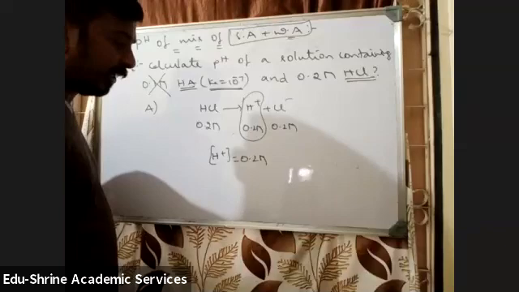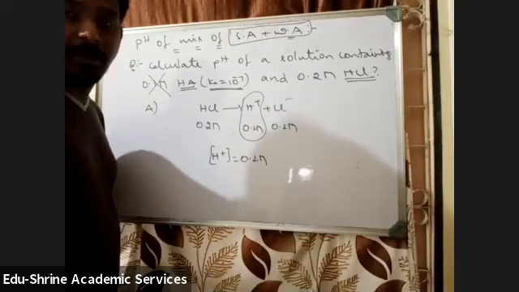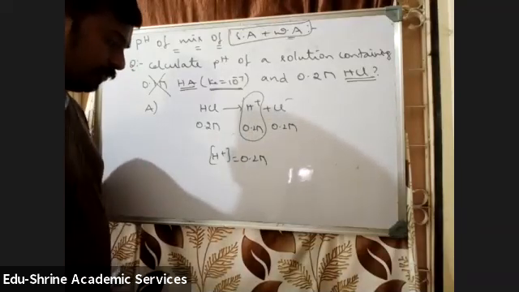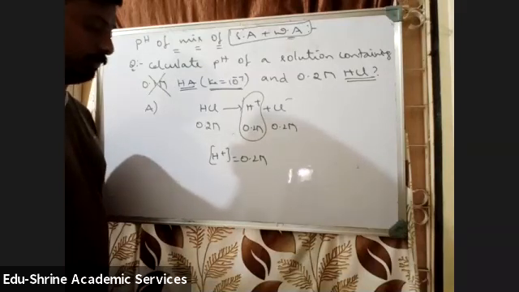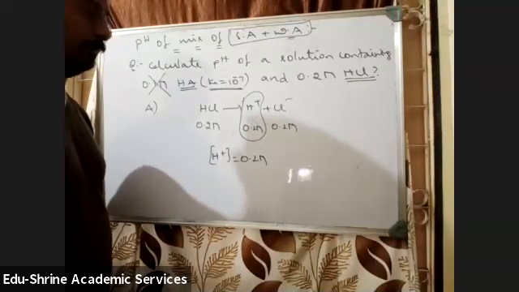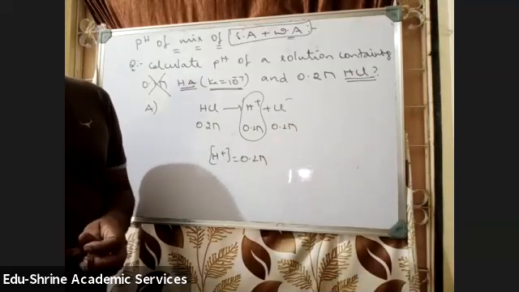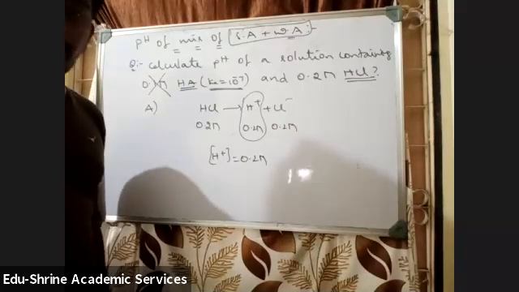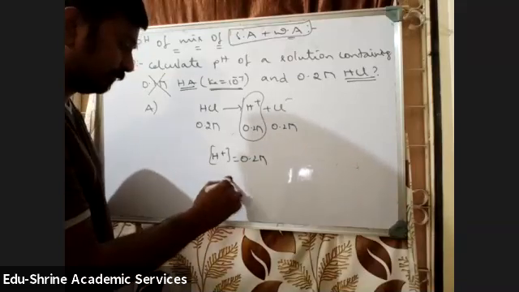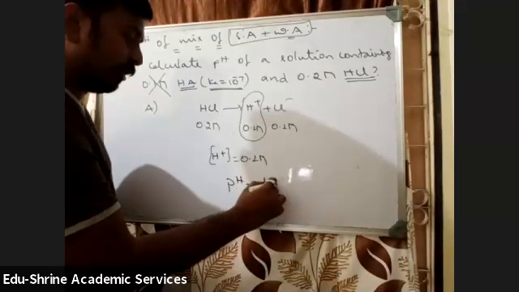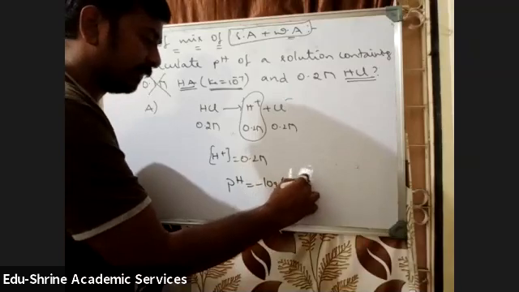Right? So now they are asking you to calculate the pH. So you can calculate the pH from this. pH is minus log of 2 into 10 power minus 1, I can write.